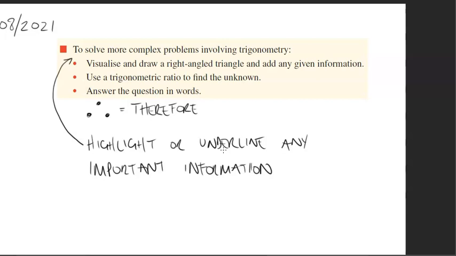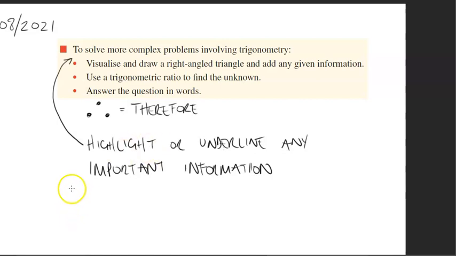There's also uses of direction in regards to north, south, east, west that you might see pop up as well. Okay, any type of information that is deemed important, highlight or underline this. This will stand out within the question, so that you're not feeling too intimidated or overwhelmed when it comes to tackling worded questions. I know this is a tactic that many students use, especially when you're moving into the senior years.